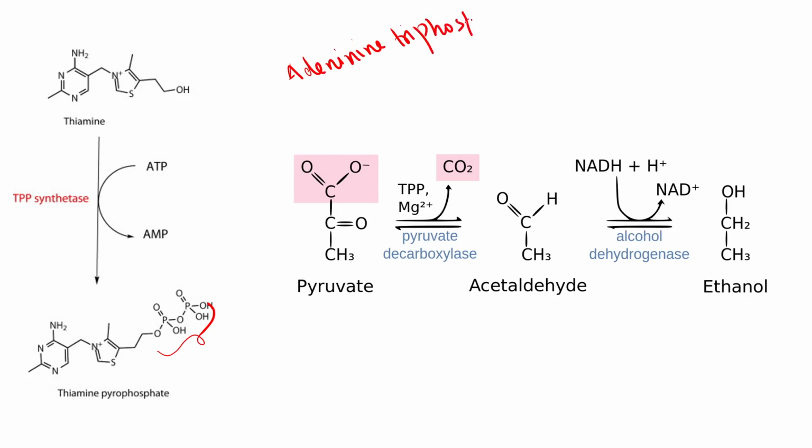If you remember the structure of nucleic acids, nucleobases, we had adenine, thymine, cytosine, guanine and uracil, right? 5 bases we had, out of which uracil was found only in RNA and thymine was found only in DNA. Now, don't get confused between thiamine and thymine.